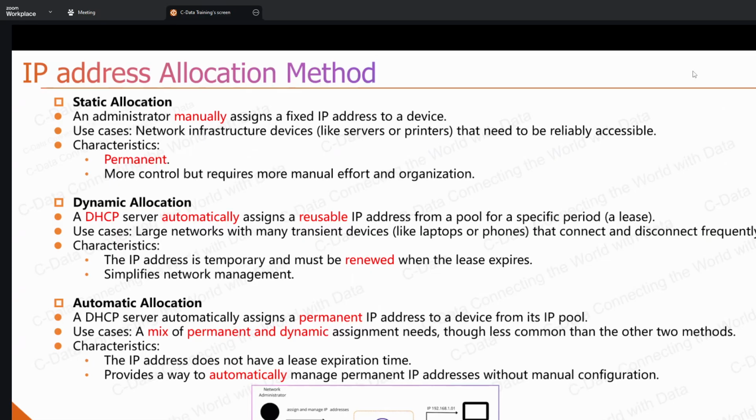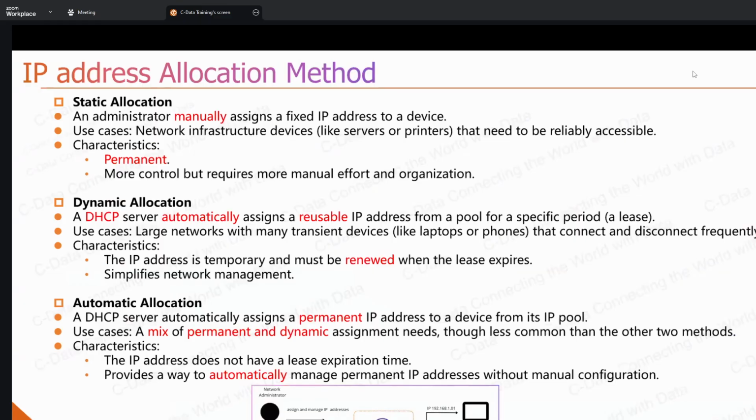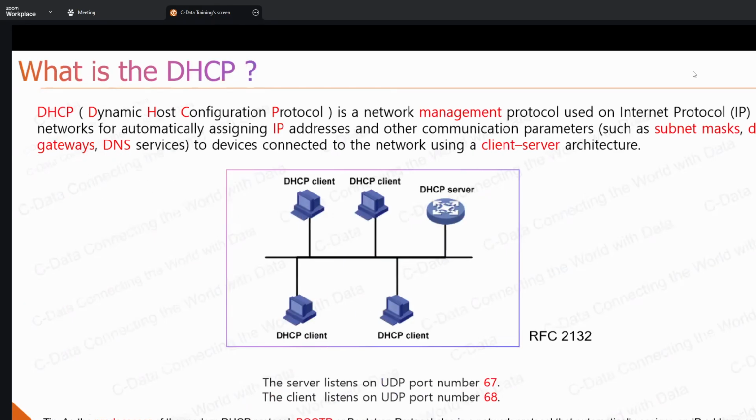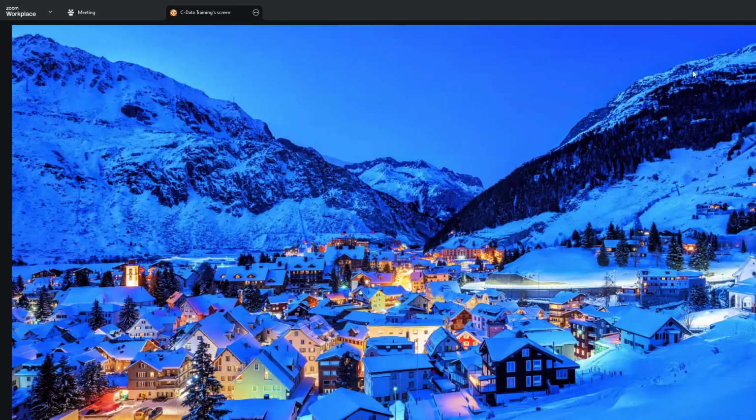DHCP is the dynamic way to get the IP address. The time is limited, so maybe I will introduce DHCP next time, because there is still a lot I want to talk about on DHCP.